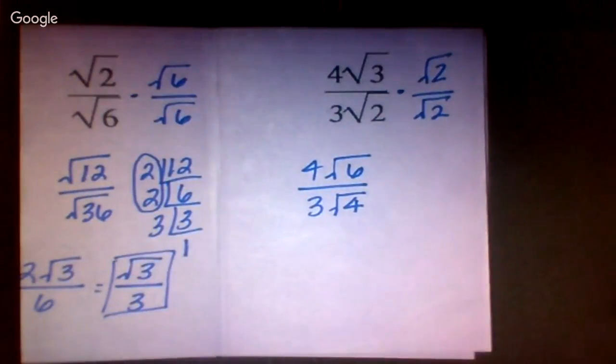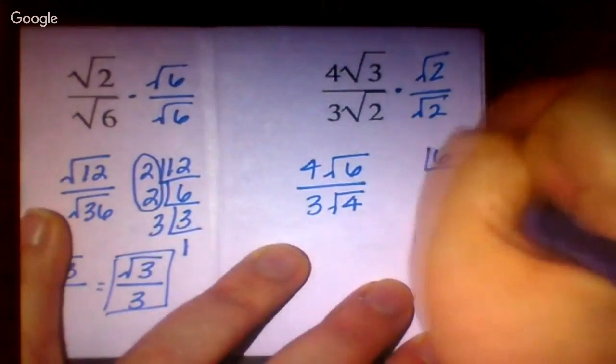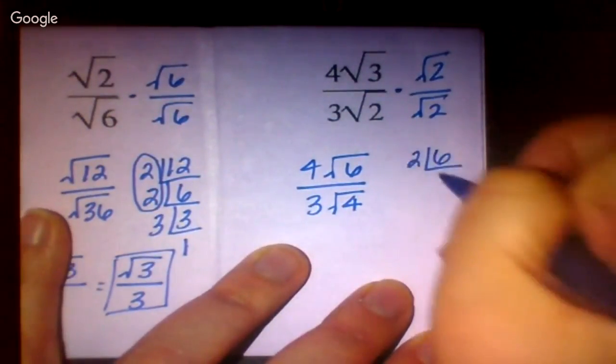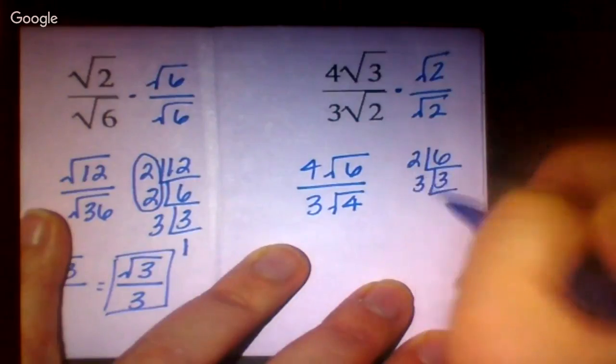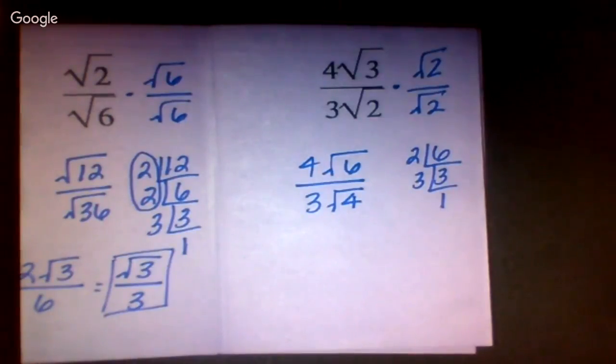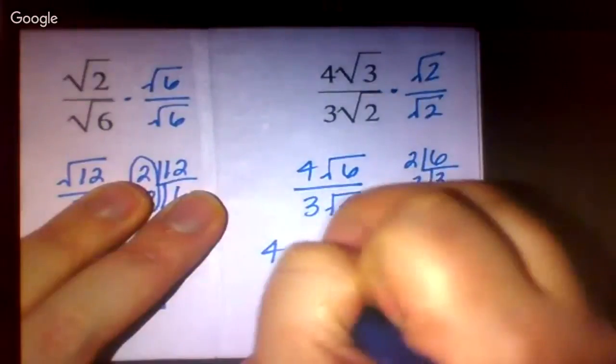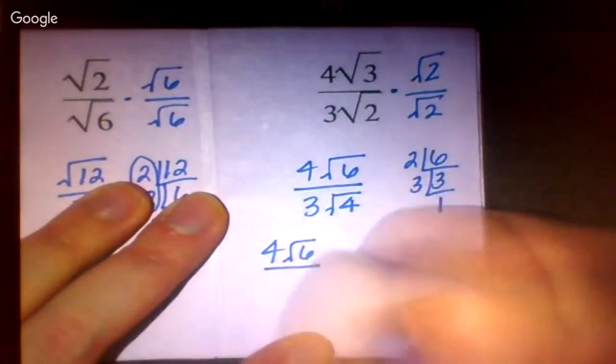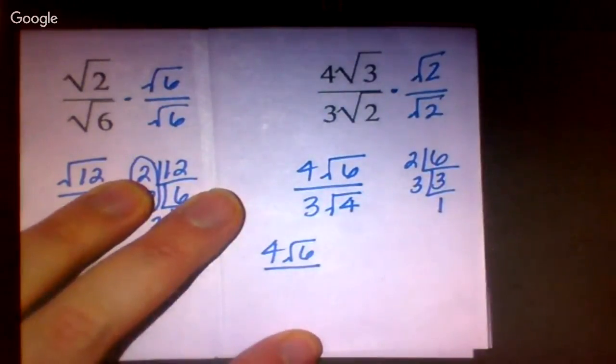Okay. Does the square root of 6 break down? Think about it. What does 6 break down into? 2 and 3, 3 and 1. Can I circle anything to pull it out? No. So the square root of 6 is in the smallest, simplest form it can be. So 4 square roots of 6 doesn't change. Okay, what's the square root of 4? 2.